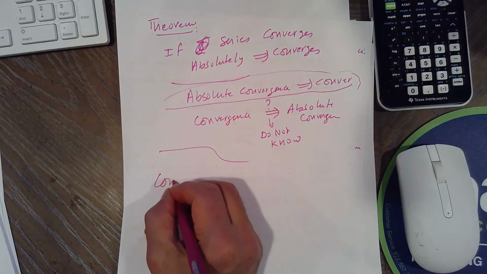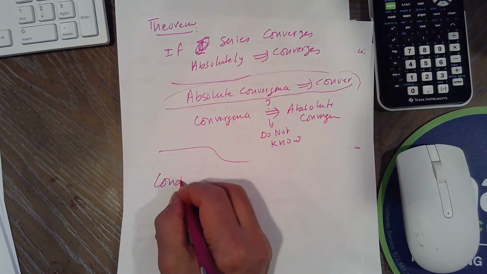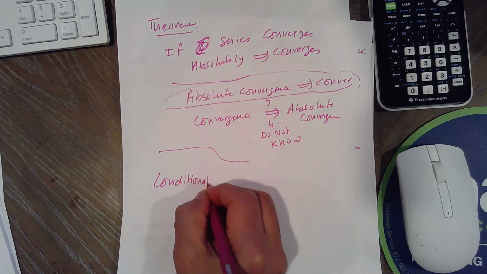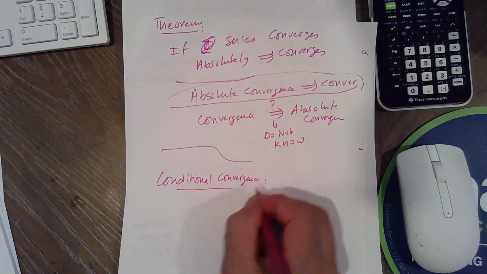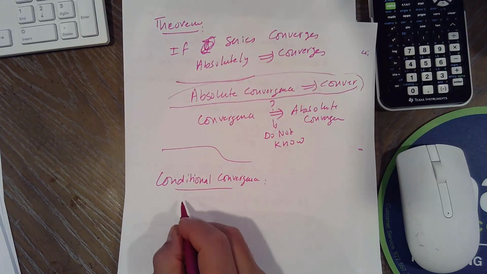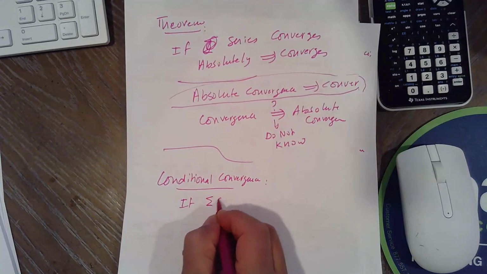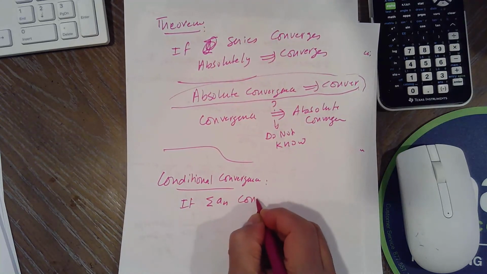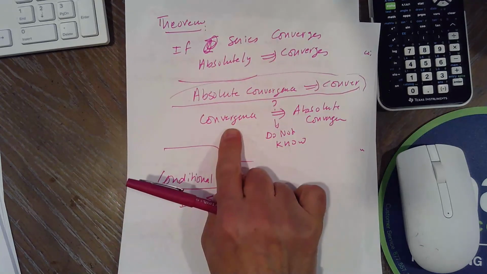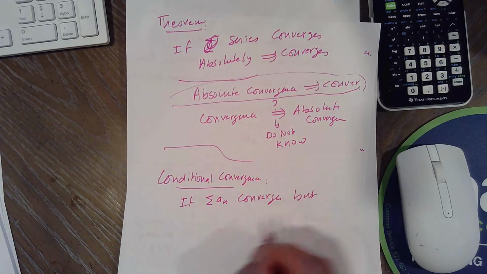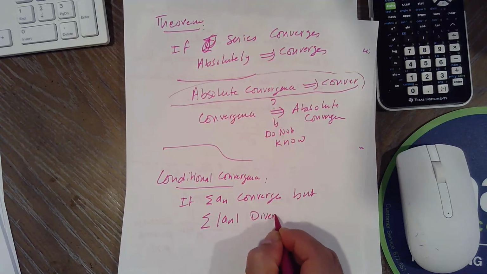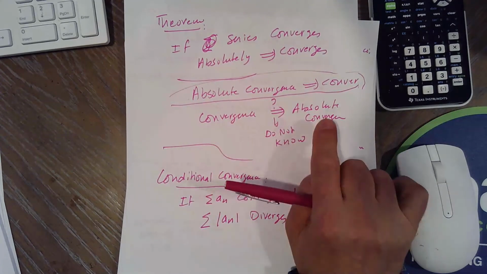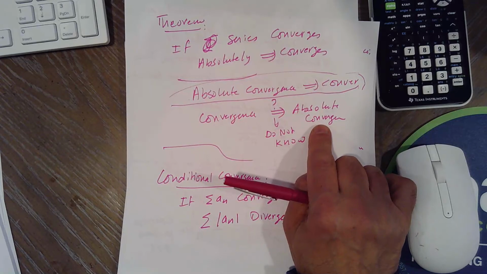Now, conditional convergence. If sigma an converges, but sigma of the absolute value of an diverges. So if it converges but it's not absolutely convergent, that's what we're talking about.